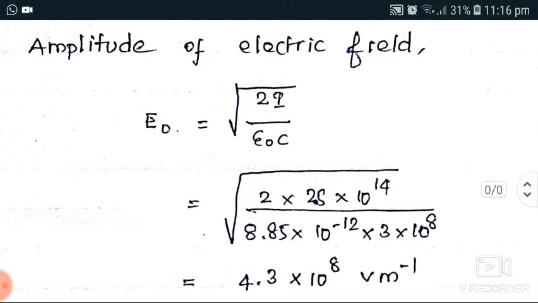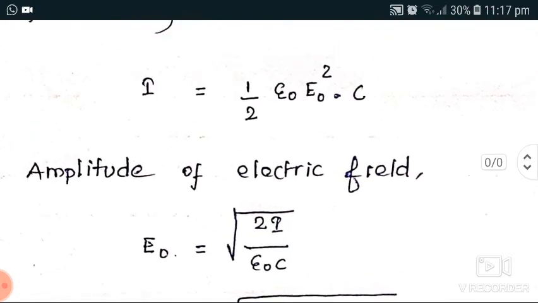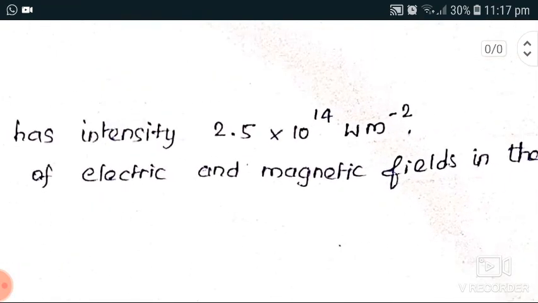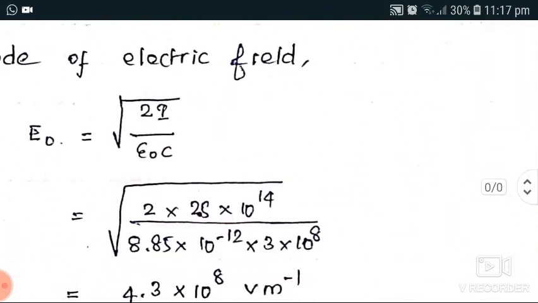Here we have I, epsilon naught and c. Epsilon naught and c are constants: epsilon naught is 8.85 into 10 to the power of minus 12, and c, the speed of light, is 3 into 10 to the power of 8. The I value is already given in the question, the intensity of the laser beam, 2.5 into 10 to the power of 14.